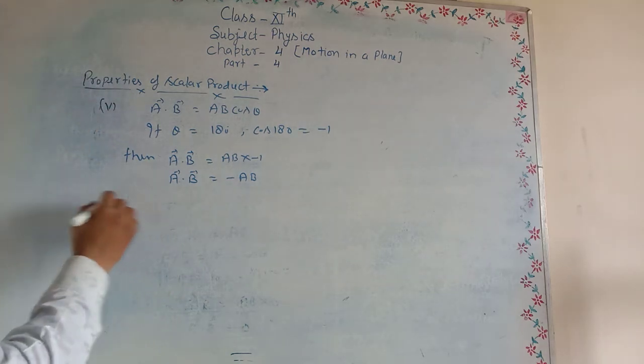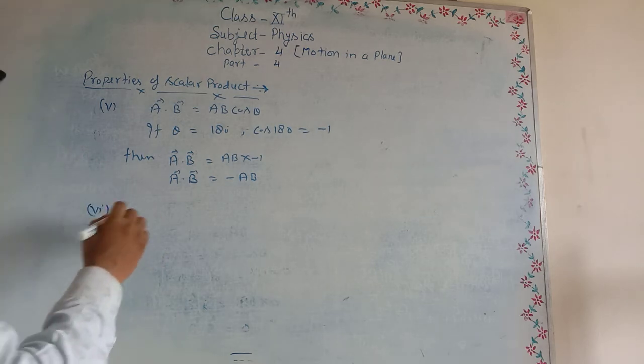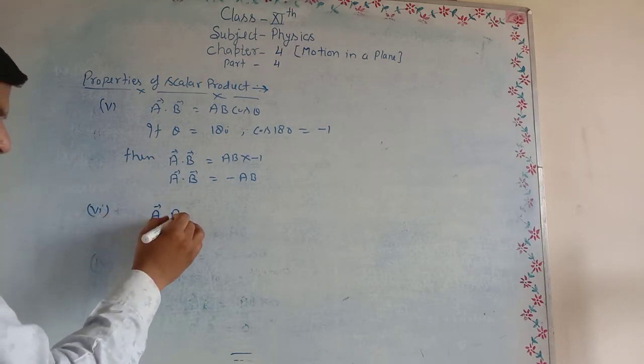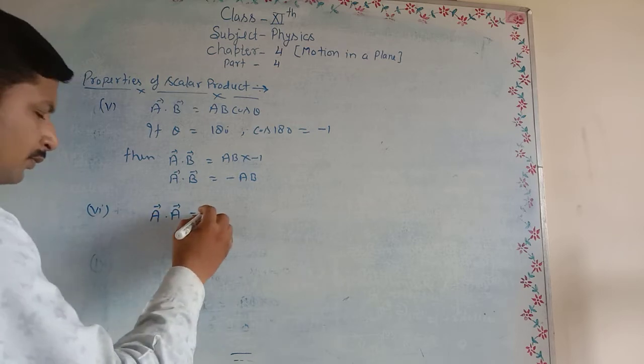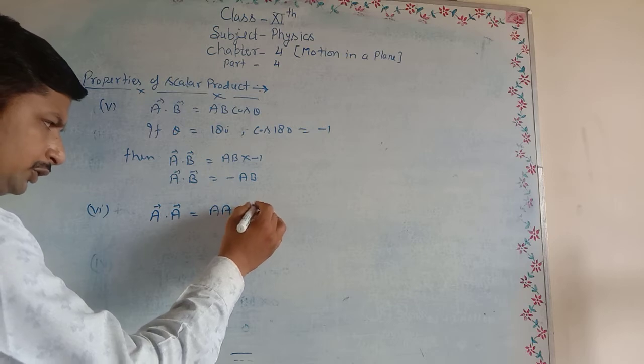Okay students. The sixth property: the scalar product of a vector with itself is equal to the square of its magnitude. A dot A is equal to A A cos theta.